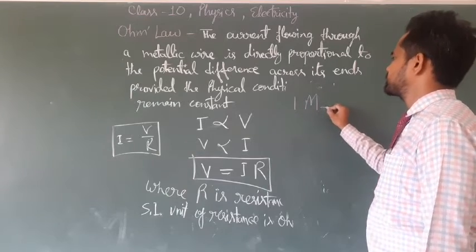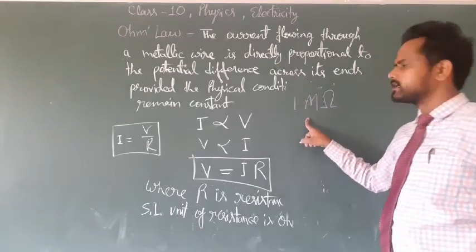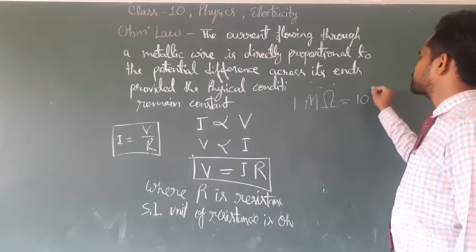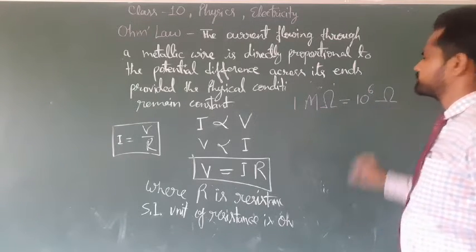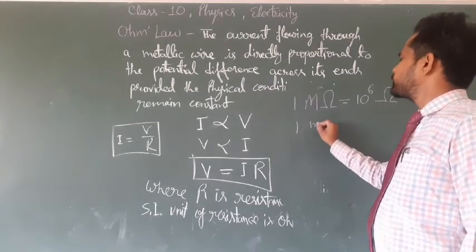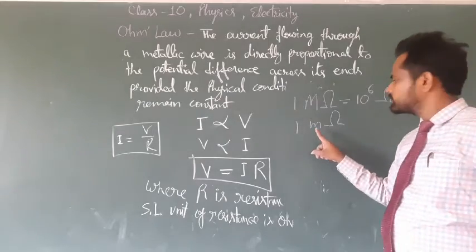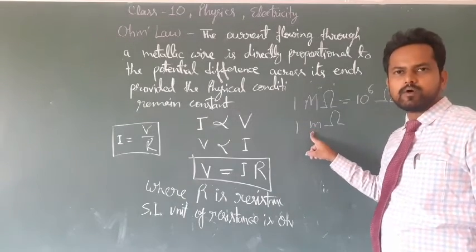1 mega ohm. Here M is capital. 1 mega ohm is equal to 10 to the power 6 ohm. 1 milli ohm. Here m is small.